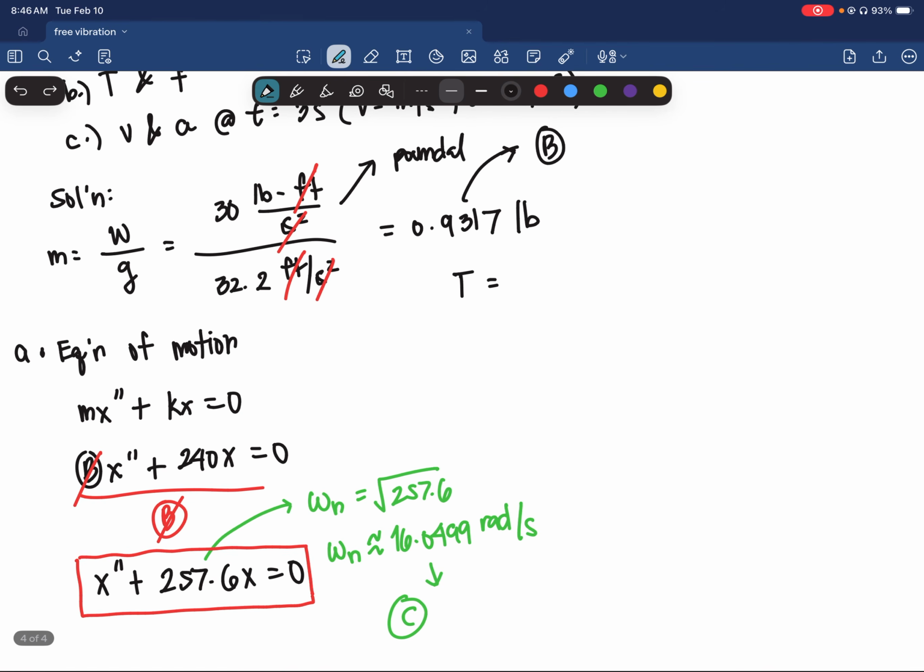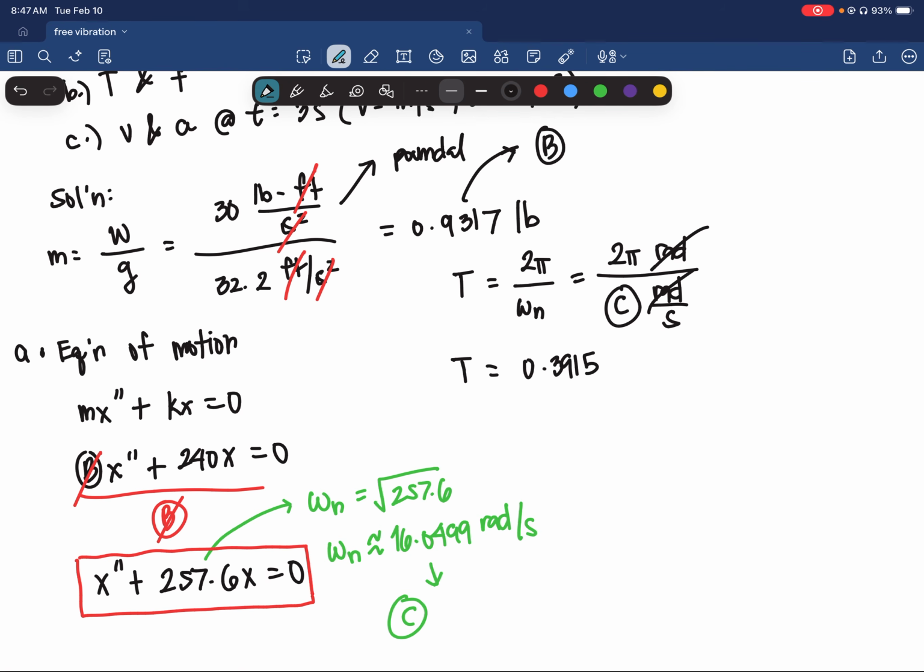So, that is 2 pi over our angular frequency. That is just 2 pi rad, right? And then we have C stored, our angular frequency, in rad per second. So, this cancels, and we end up with 0.3915 approximately seconds. Store this in D.